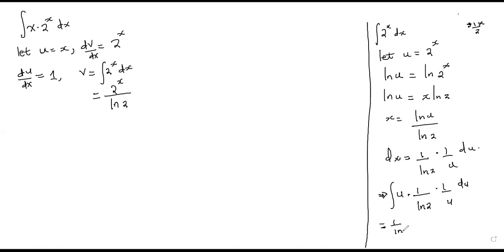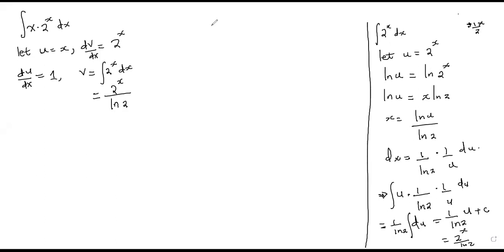So 1 over ln 2 times the integral of du, which is when you integrate du, you get u. So it will be 1 over ln 2 u plus a constant of integration. But u is 2x, making it 2 power x over ln 2, which is this one here. So this is how we simply come up with that integral. Very easy, very easy. It's just a matter of time and practice.